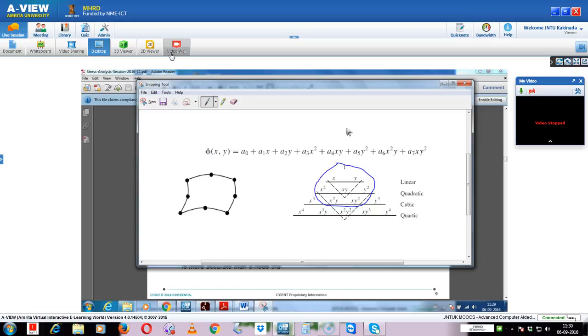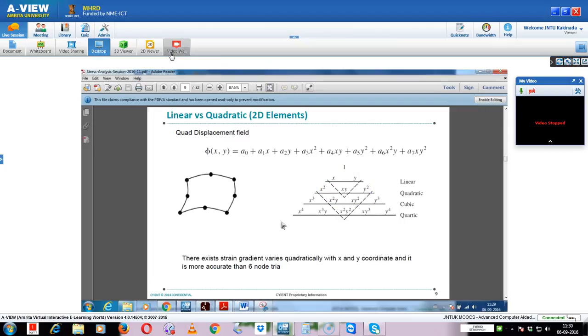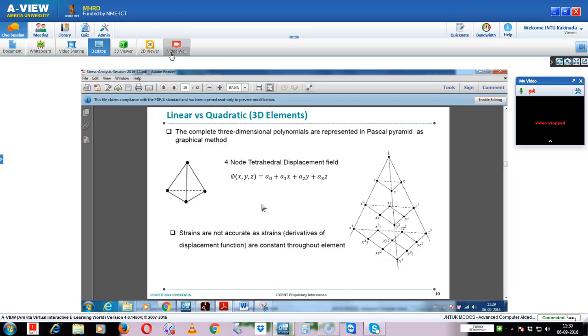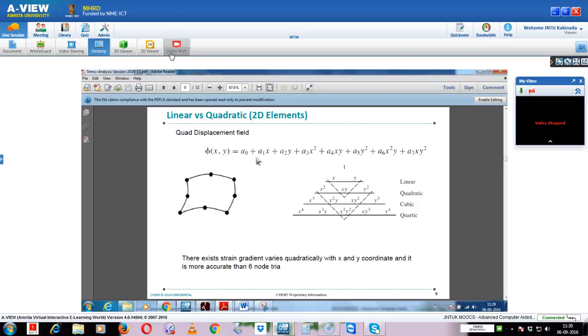So these are the terms we need to consider for the quad element with mid-side nodes. So it will have a total of 4 terms here. When you differentiate with respect to x and y, it has another term.